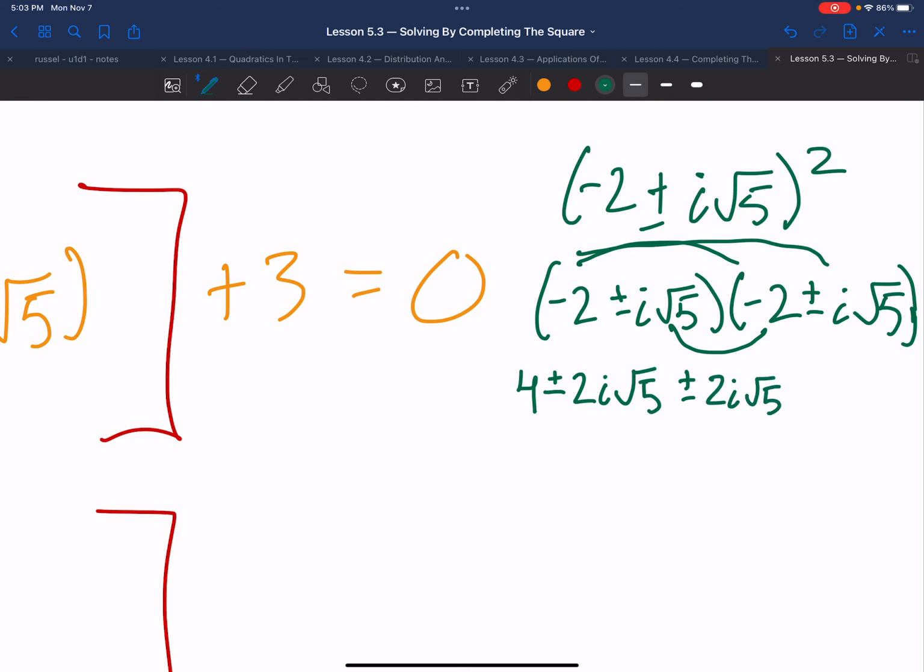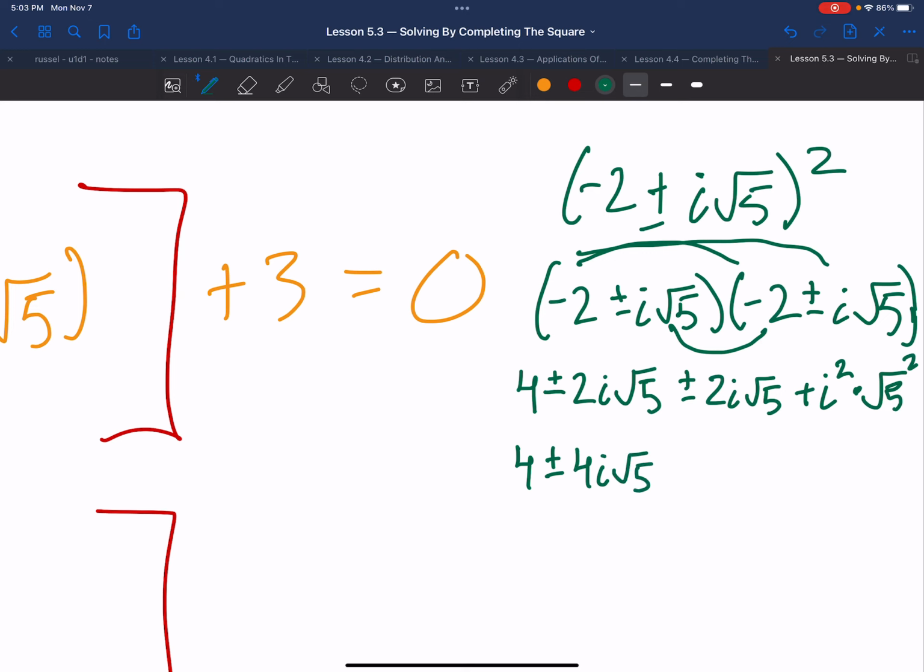And then, well, positive or negative actually doesn't matter because a double negative will cancel. So it'll be plus i squared times root 5 squared. And so if I do all of this, I get 4 plus or minus 4i root 5.